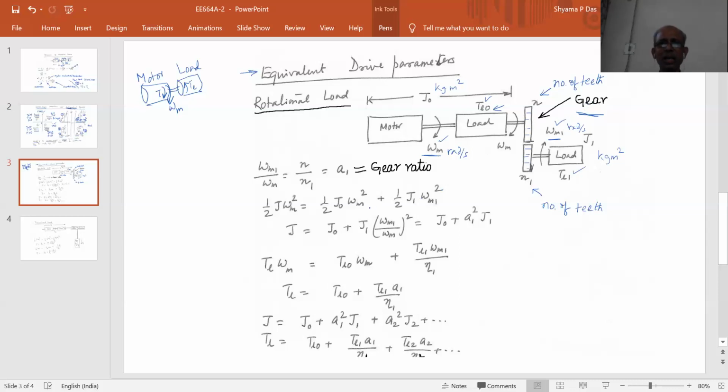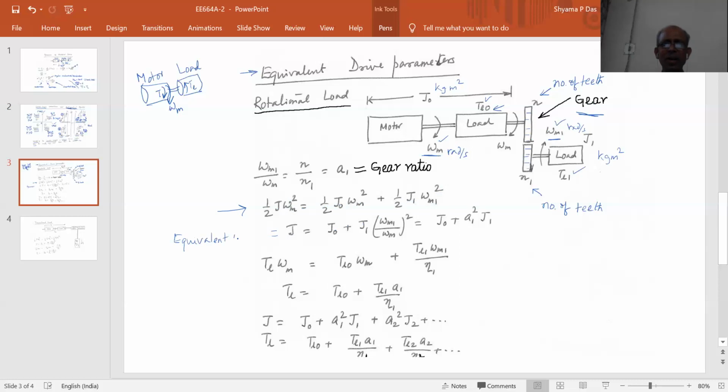So the total kinetic energy of the system is given by half J omega m square, and that's equal to the sum of the individual kinetic energies. Now, what is J here? J is the equivalent inertia.